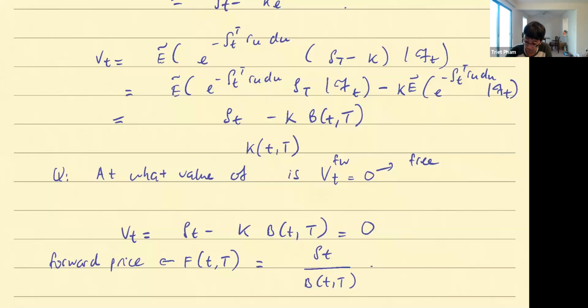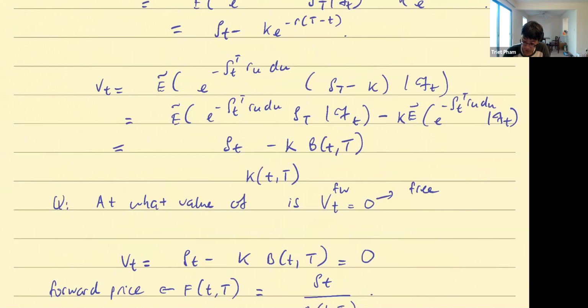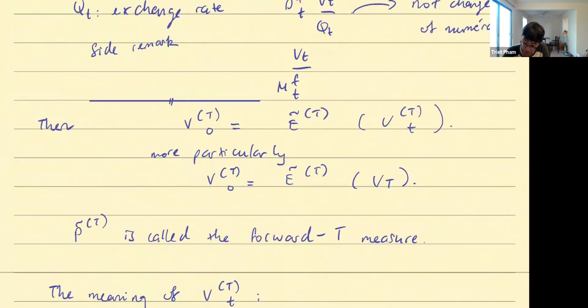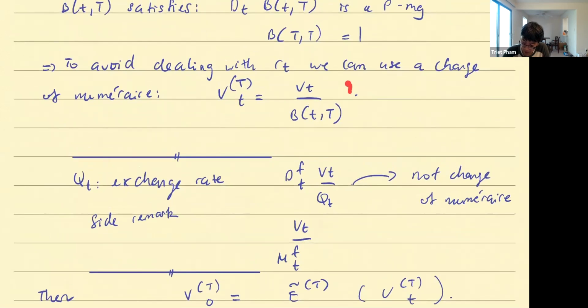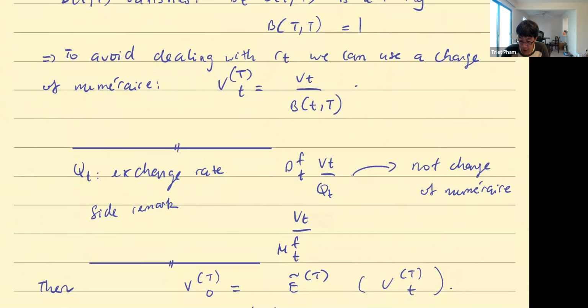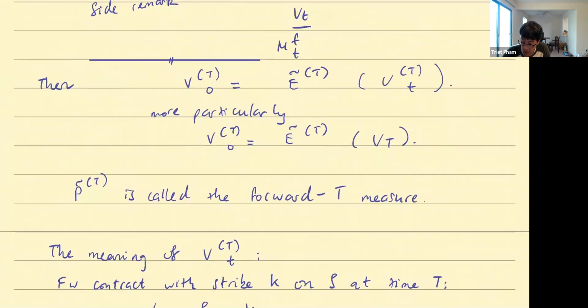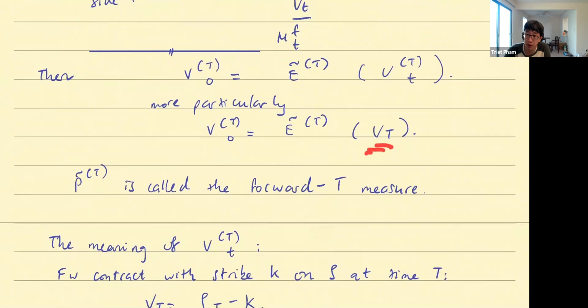So you see that quantity. Do you remember what this is? That's the change in numeraire. Such that when you do pricing, the interest rate disappears.